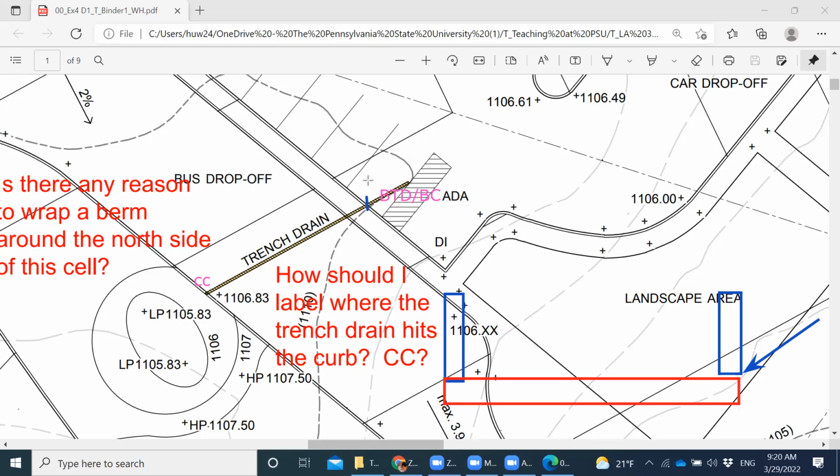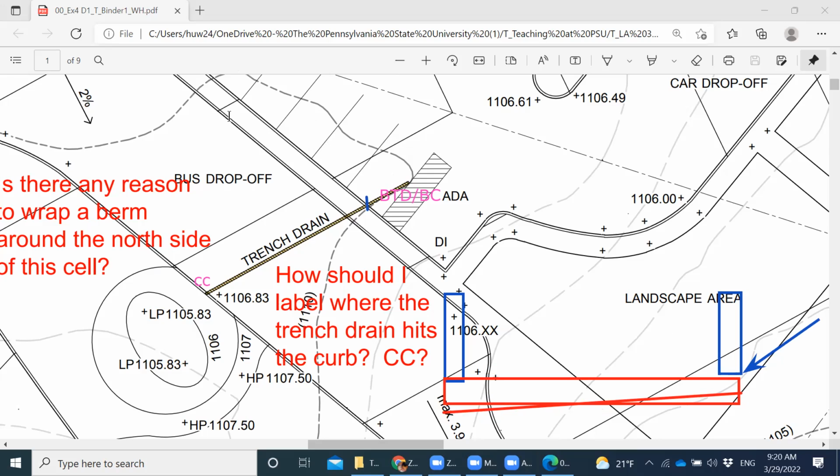And the trench drain, the bottom is actually sloped. So basically you're dropping. So the BTD here is not necessarily the water level.